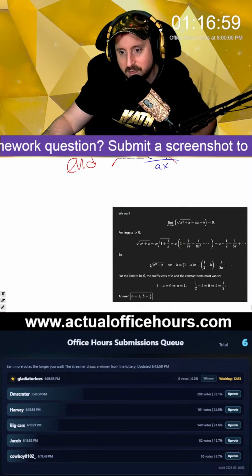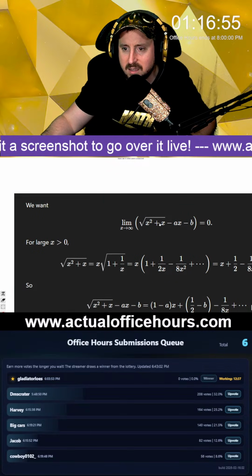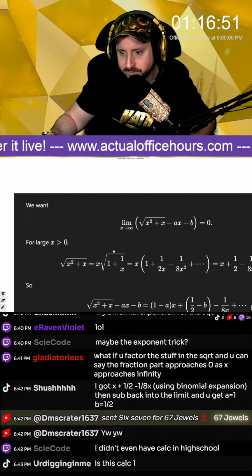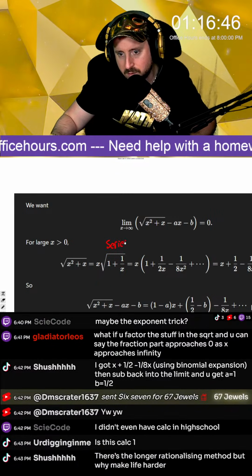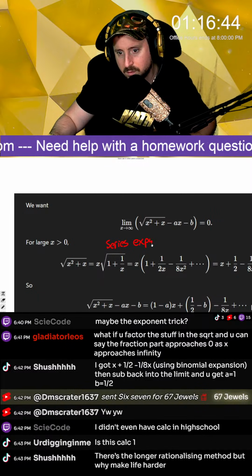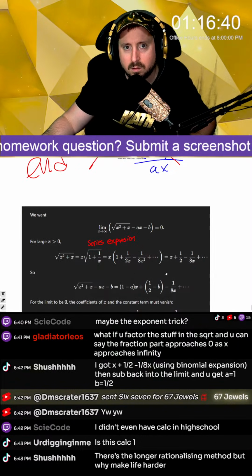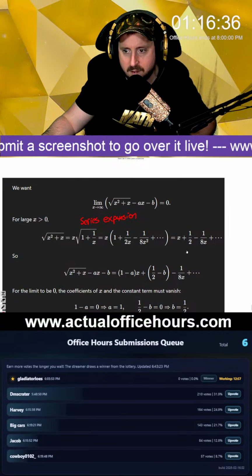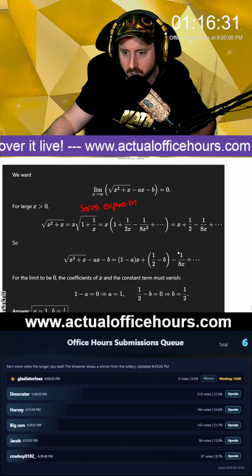Oh, okay. This is correct. So what they say is you can rewrite this by pulling out the x. And then this is a series expansion. And then if x is large, you just match by term, right?